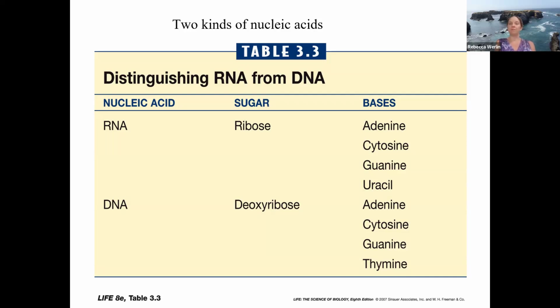Now, remember, the prefix de means no or missing. Oxy is for oxygen, and then ribose sugar. So the sugars are almost identical, except there is a single missing oxygen atom on deoxyribose sugar. Now, the bases of DNA are adenine, purine, cytosine, pyrimidine, guanine, purine, and thymine, pyrimidine.